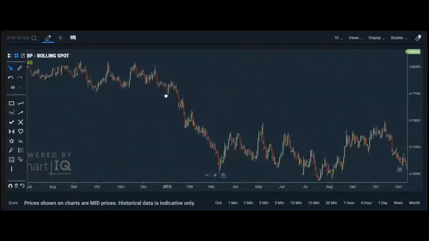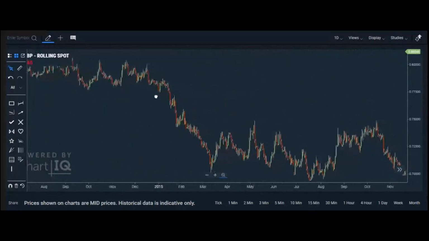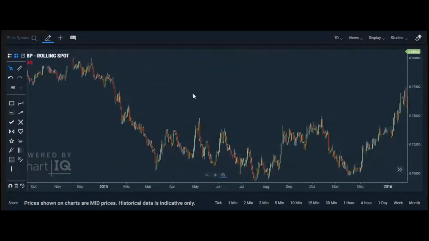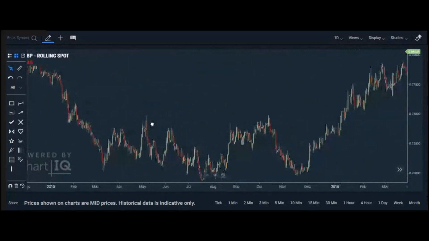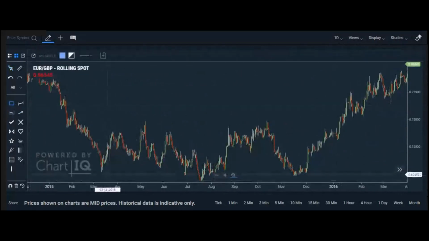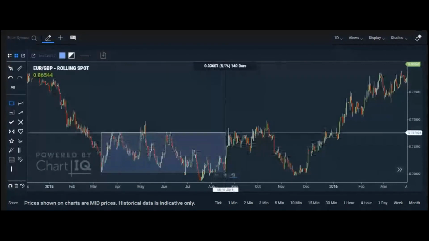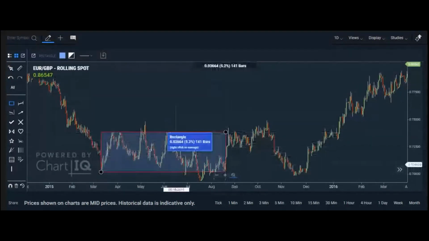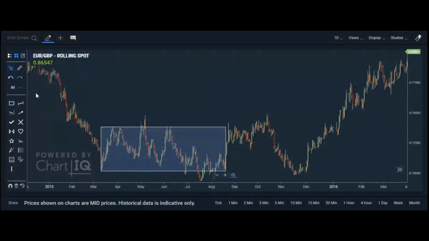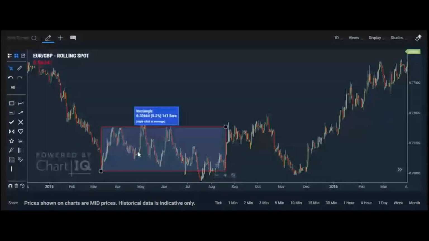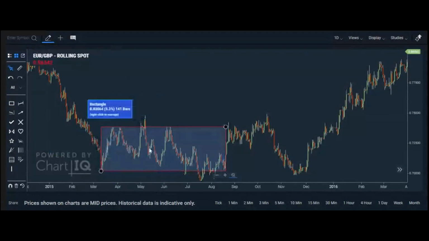Okay, right here, I found one already. Now I'll put it in a box so everybody can see it. What do we call this? A sideways channel or a ranging market, right? They all have the same characteristics.